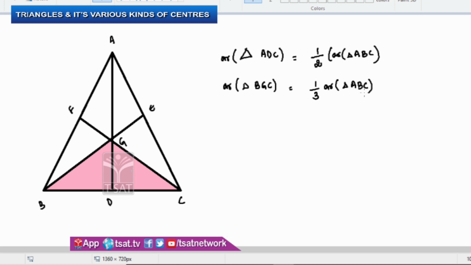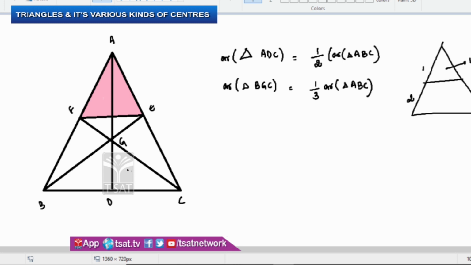Now, take the triangle AFE. Here E and F are midpoints. According to the midpoint theorem, the line joining two midpoints is half of the third side. Therefore, the sides ratio is 1:2. Because they become similar triangles, if the sides ratio is 1:2, then the areas ratio will be 1:4. If it is 1, the entire triangle becomes 4.